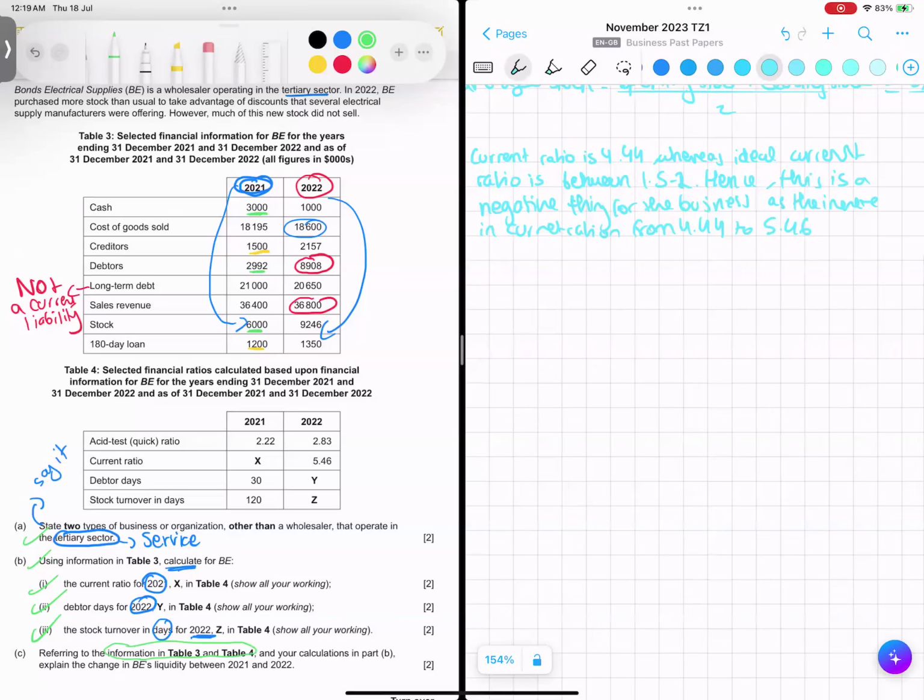If you don't do that, then you do not get the points, is due to an increase in purchases, which is why we have an increase in cost of goods sold. So we have to explain that.